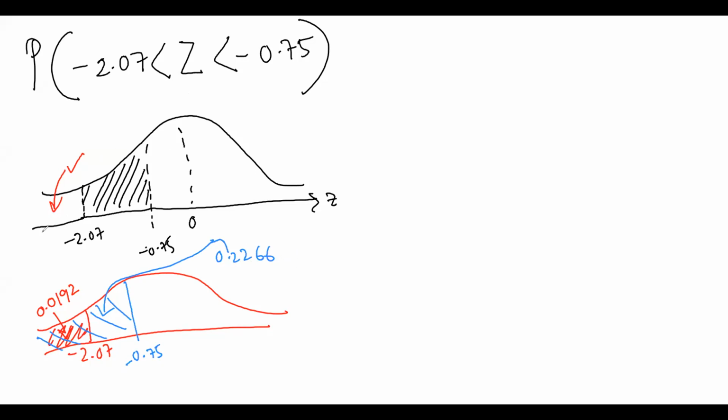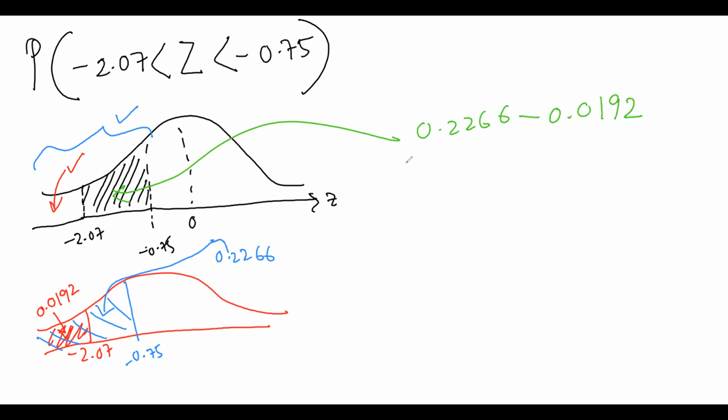So we know this particular area up to here as well. We are interested in this area, not this one but the middle part between the two. If we know this area and this area, we get it by subtracting the red from the blue: 0.2266 minus 0.0192.